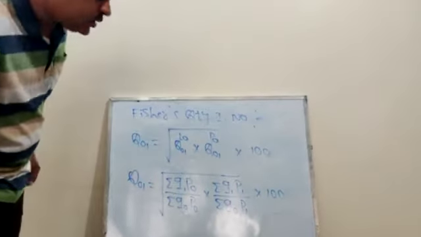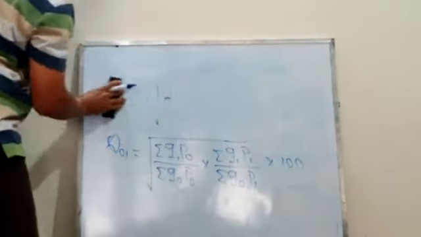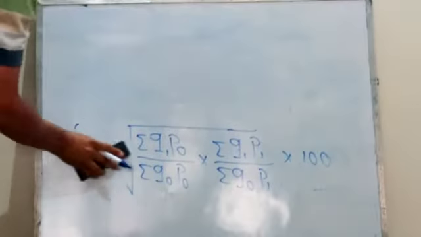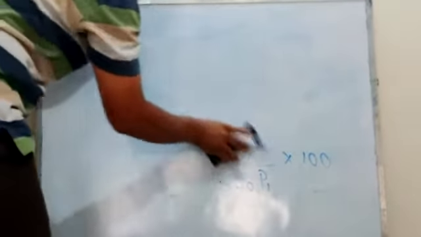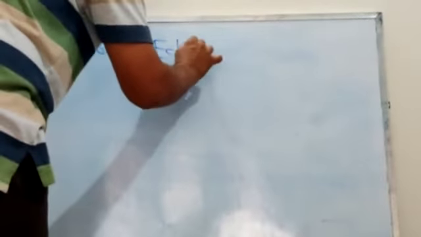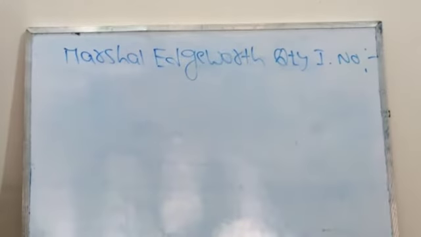Next, the last one is the Marshall-Edgeworth quantity index number.